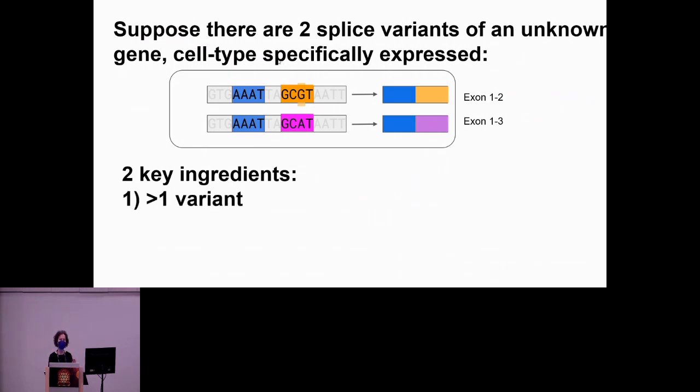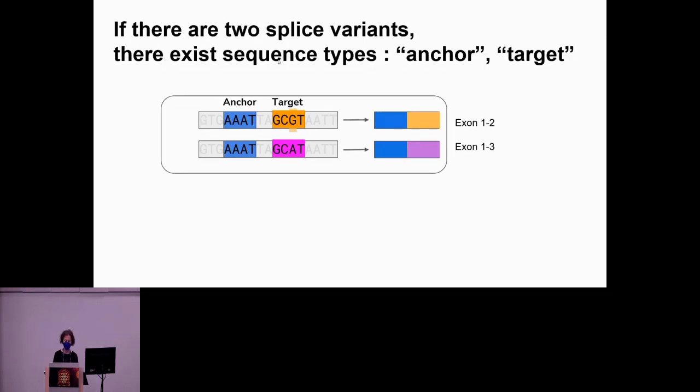So in order for SPLASH to detect this, there's only two ingredients needed. One, there's two different variants. They could be splice variants, could be the same splicing event, but a mutation or allele-specific splicing. And the other ingredient is simply that these two variants are not equally distributed all the time. Whenever you observe one variant, you can totally predict the other. That isn't the case. So there's some regulation.